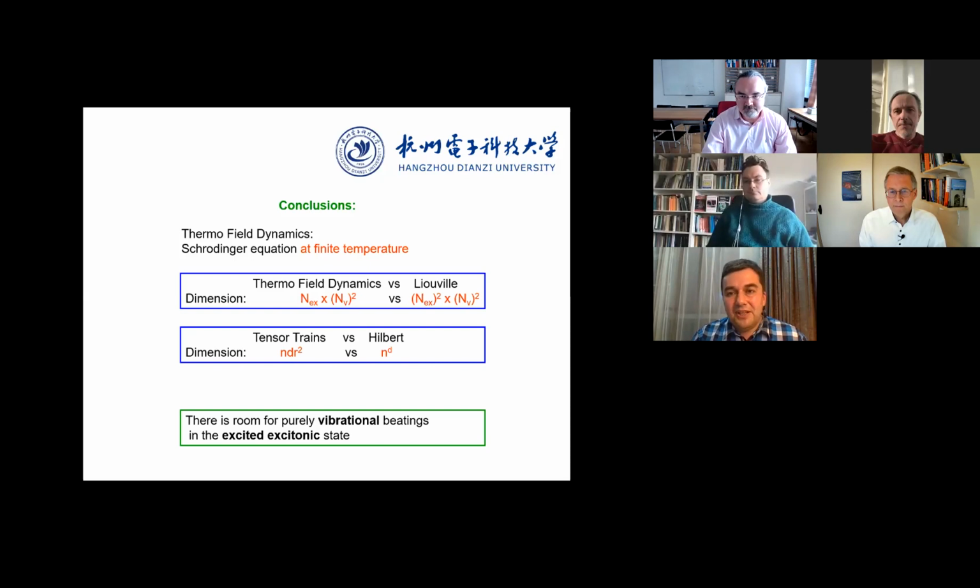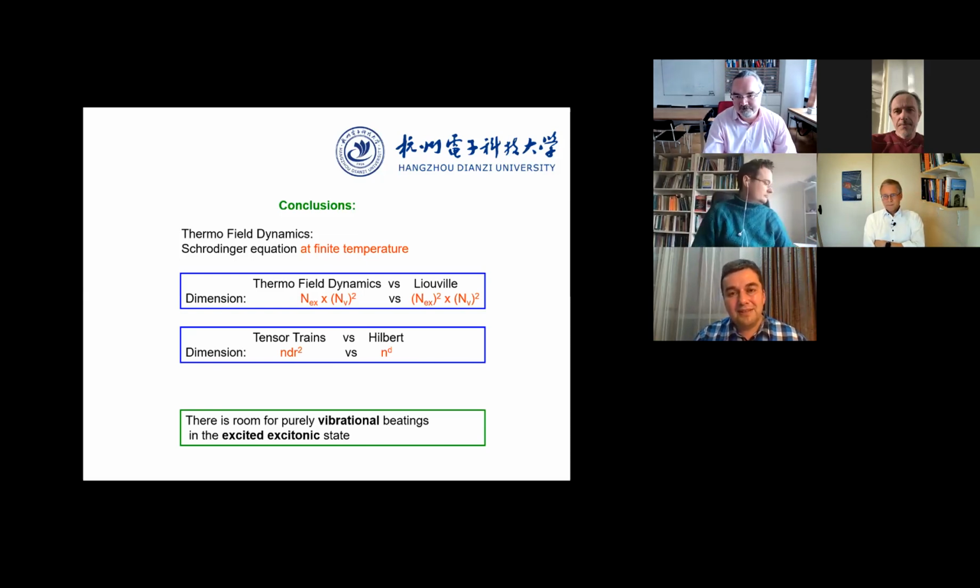And it is very close to the Liouville equation, of course. But a nice thing about that is that in the Liouville equation, you double all excitonic and vibrational degrees of freedom in some sense. But here you just keep excitonic degrees of freedom intact. So you just double vibrational degrees of freedom.